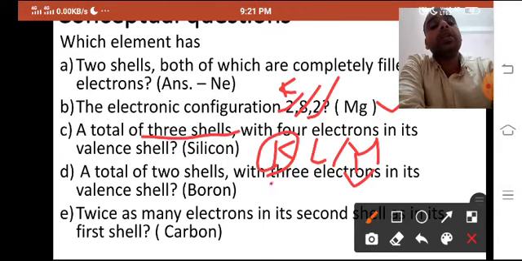So in the first shell 2 electrons, in the second shell 8 electrons, and in the M shell 4 electrons. So 2 plus 8 plus 4 is 14, and together it makes the electronic configuration of silicon. Okay, so that you can understand.